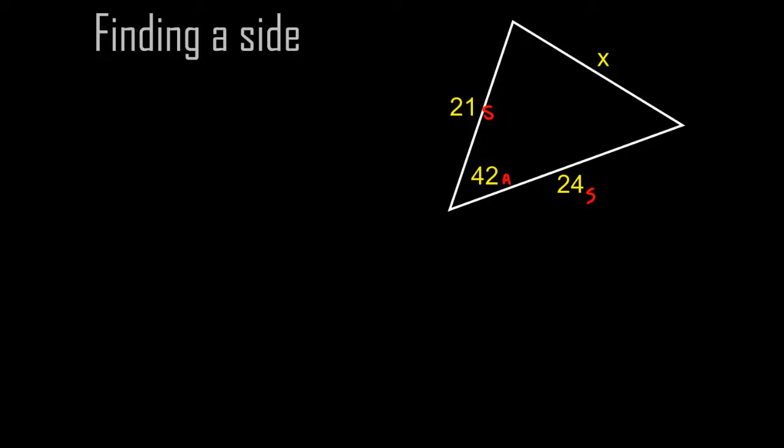We would have the side that we're missing, in this case x squared, equal to the two other sides squared added together.